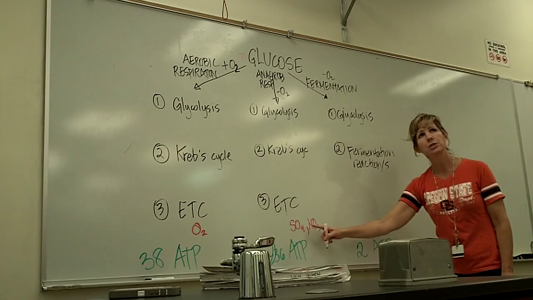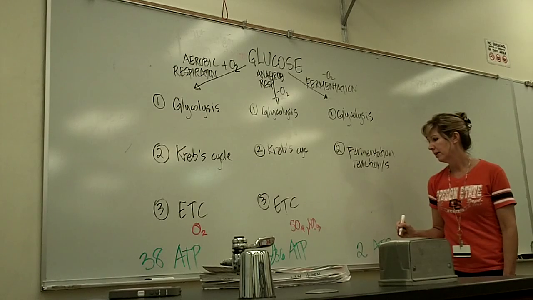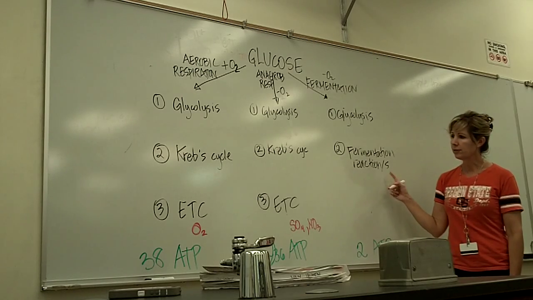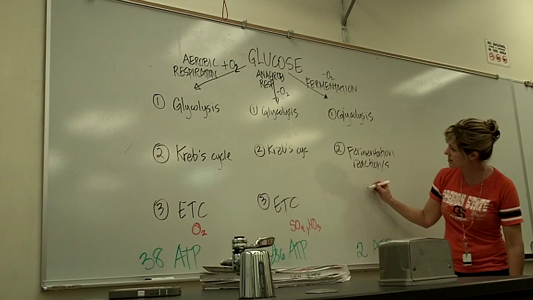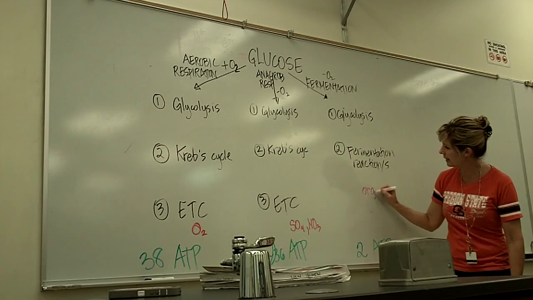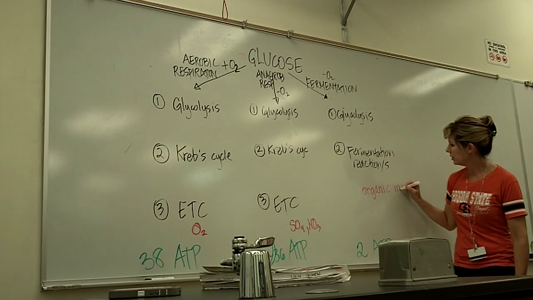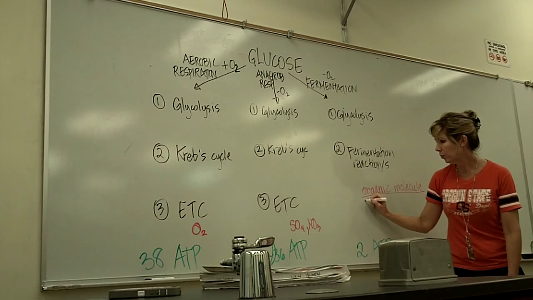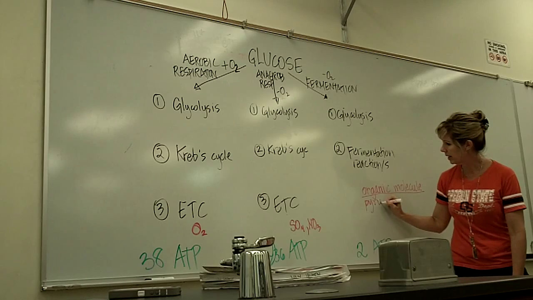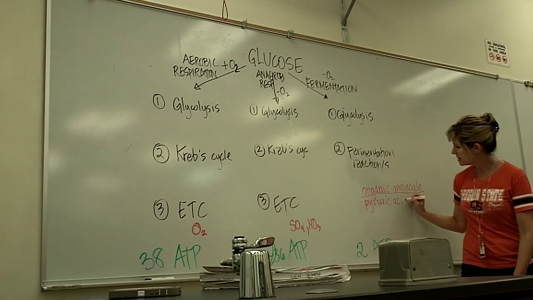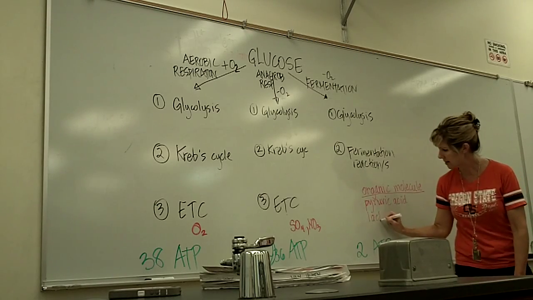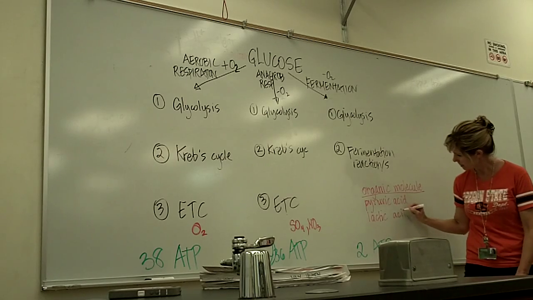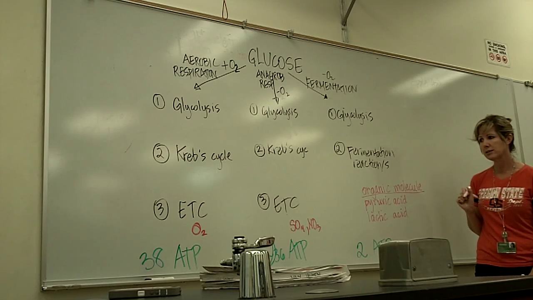So sulfate or nitrates. And then for the fermentation reaction, it's usually some organic molecule. And common ones would be pyruvic acid or lactic acid, as accepting the final electrons.